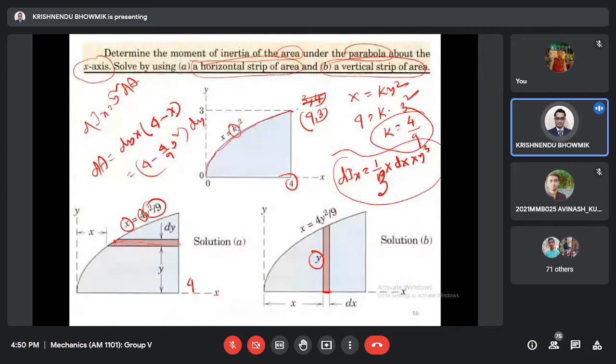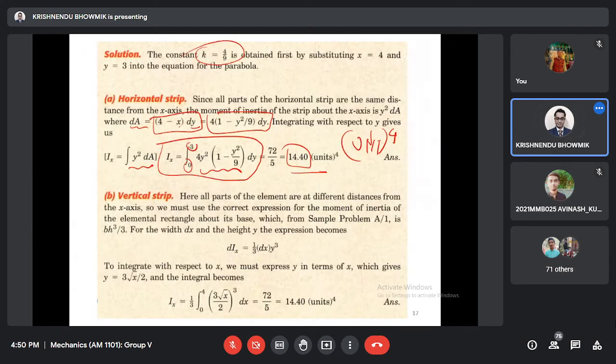We can utilize here. This is one rectangular cross section. Base is dx, height is y. So 1/3 base multiplied by height cube. We will use that expression. So dIx equal to 1/3 base height cube.